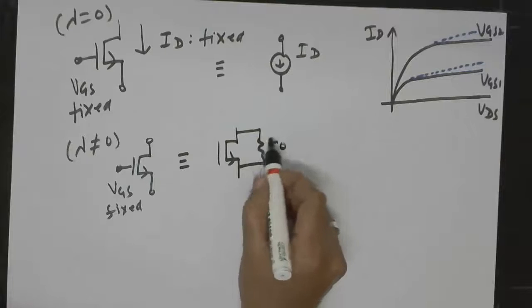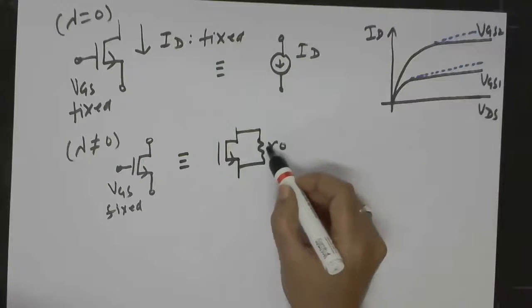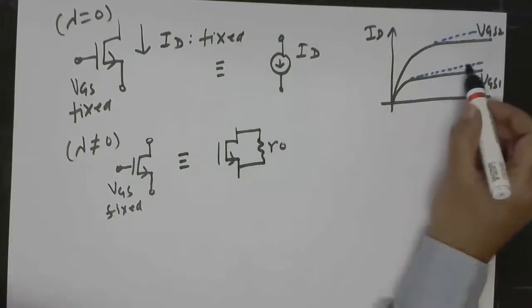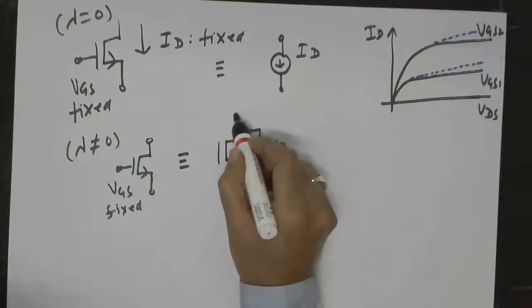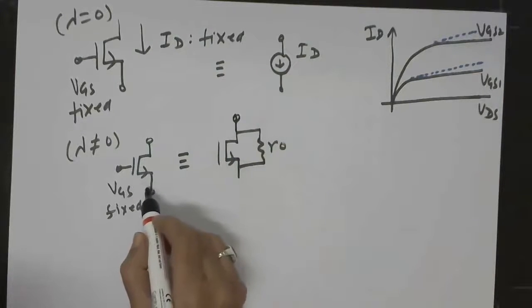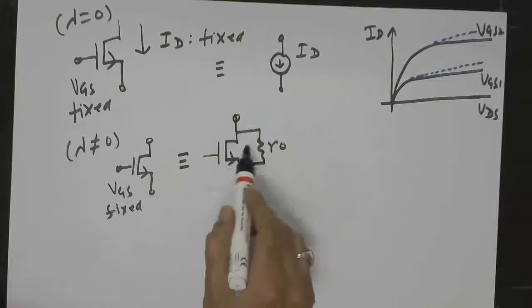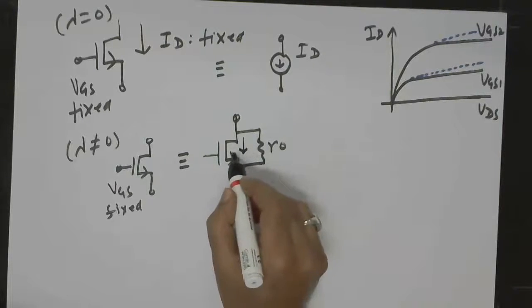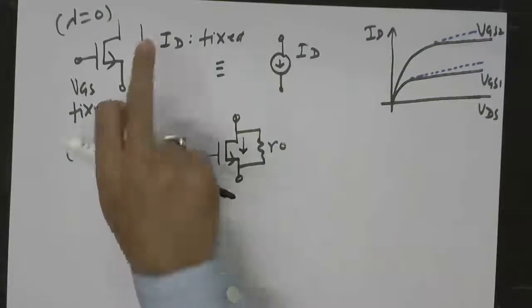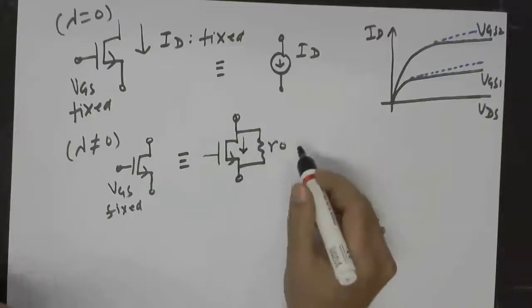So we know that we had included this R0 for the current changing with the drain to source voltage. So this was there to account for this increment in the drain current with the drain to source voltage. So this practical MOS actually can be represented in this way, where this MOS is now ideal. So we have a ID current flowing through this, which will be given by same formula as this one, and then we have additional current arising because of R0.